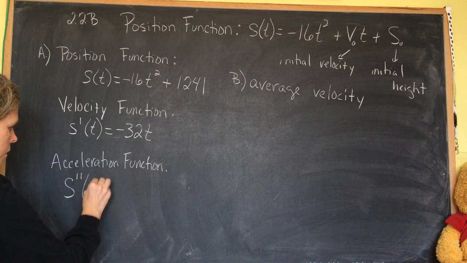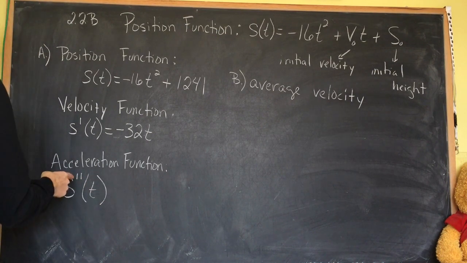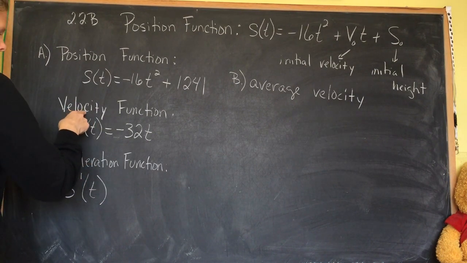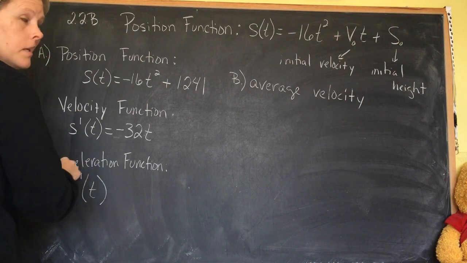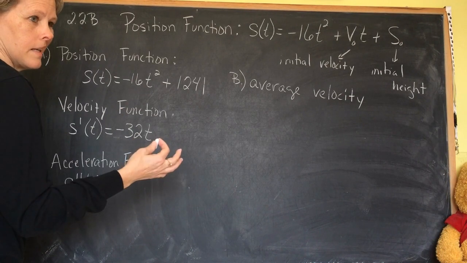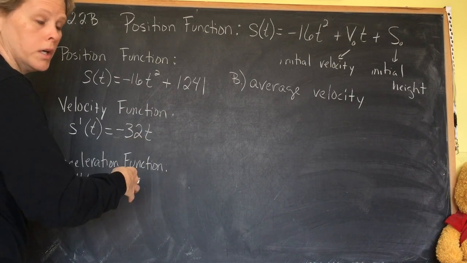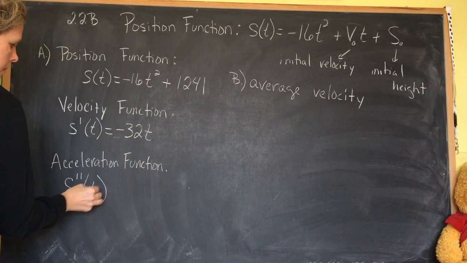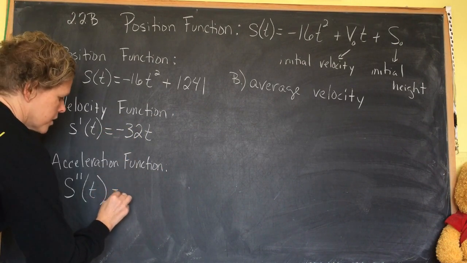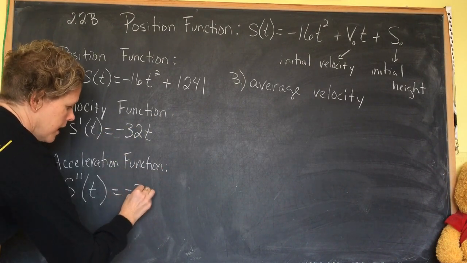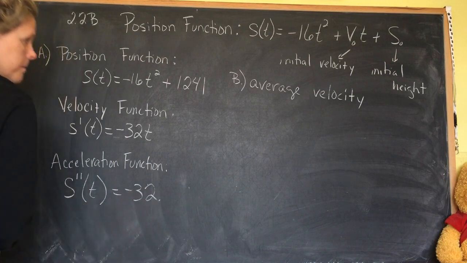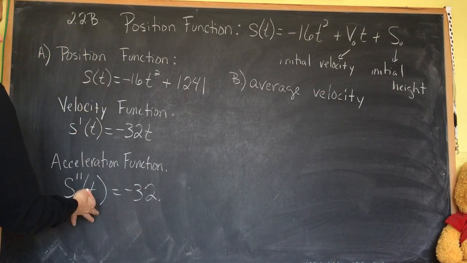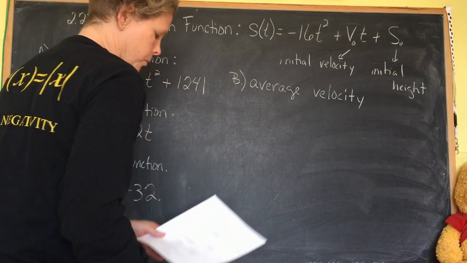It's really s double prime, so I put 2 primes there. I take the derivative of the velocity. So your acceleration in physics, it could be 9.8 or 32. So that's where it comes from. It comes from the derivative of your velocity function, because if I take the derivative of this, I get just negative 32. Okay, so we're going to use these ideas to now answer the rest of that worksheet.